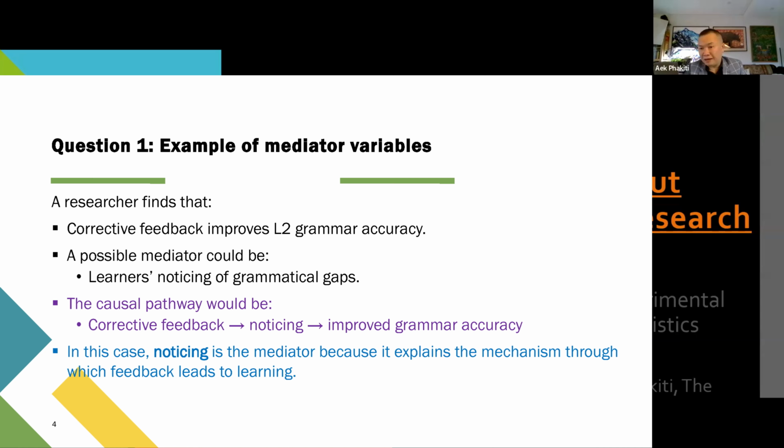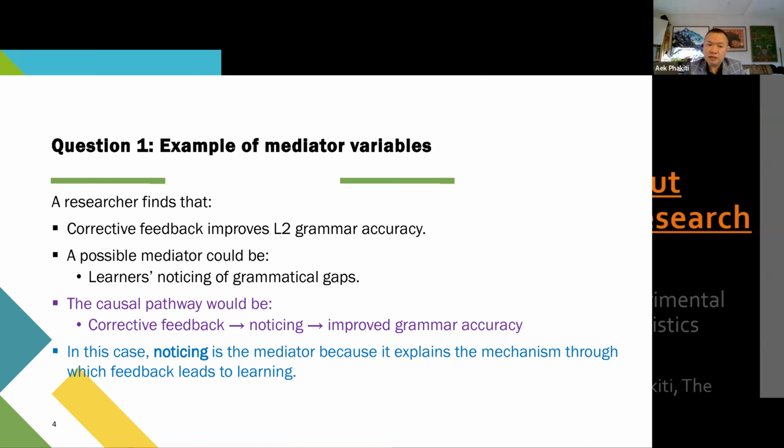And in this case, you can see that there could be actually many mediators in there. But one thing that can be a factor and mediate this is noticing. If learners can notice the grammatical gaps, they are likely to then pay attention to the issues, right? So noticing here is a mediator. It's part of the corrective feedback as the independent variable that you're interested in, right?